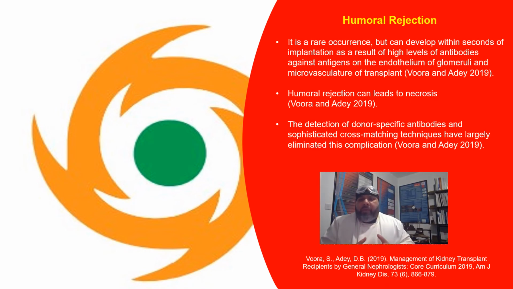A little bit about humoral rejection. Humoral rejection is generally a rare occurrence, but can develop within seconds of implantation of a transplanted organ as a result of high levels of antibodies against antigens on the endothelium of glomeruli and microvasculature of the donor kidney.